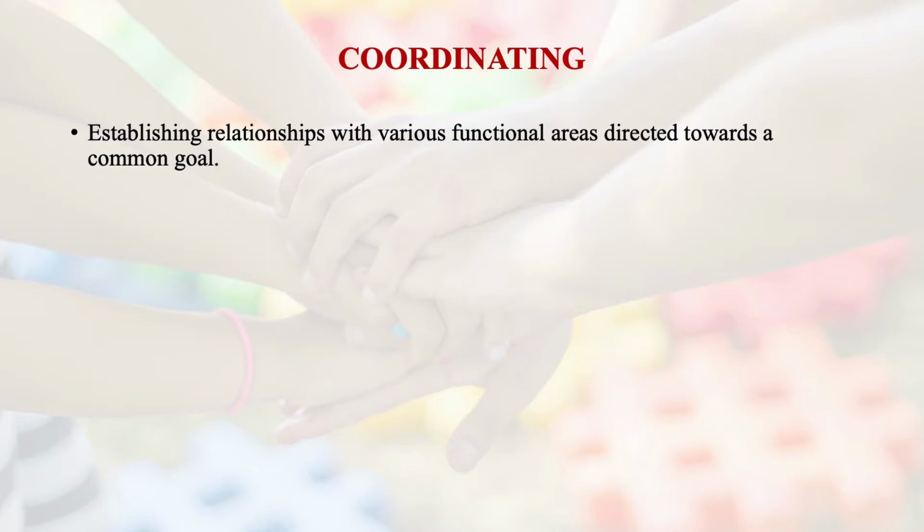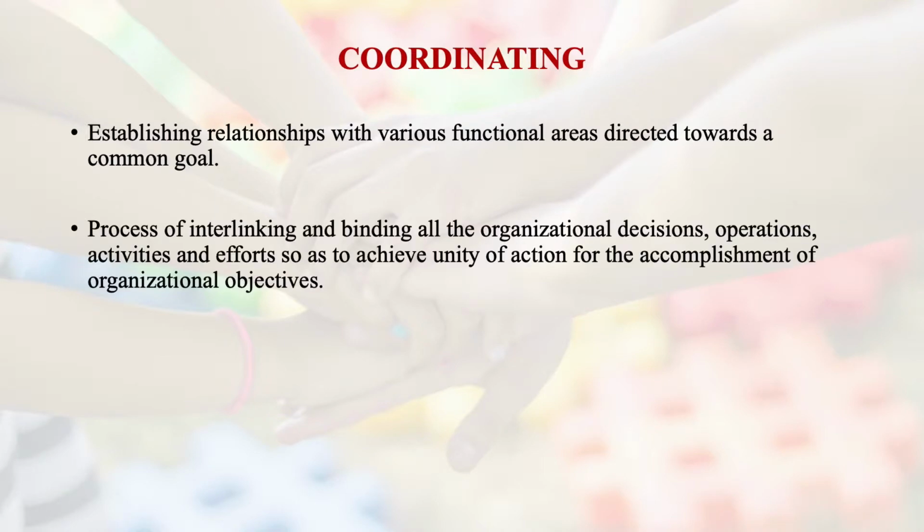Everything is involved in this element of the process of management. So one needs to establish the relationship with various functional areas which are directed towards a common goal. It is the process of interlinking and binding all the organizational decisions, operations, activities and efforts to achieve unity of action for the accomplishment of organizational objectives. It becomes very necessary.